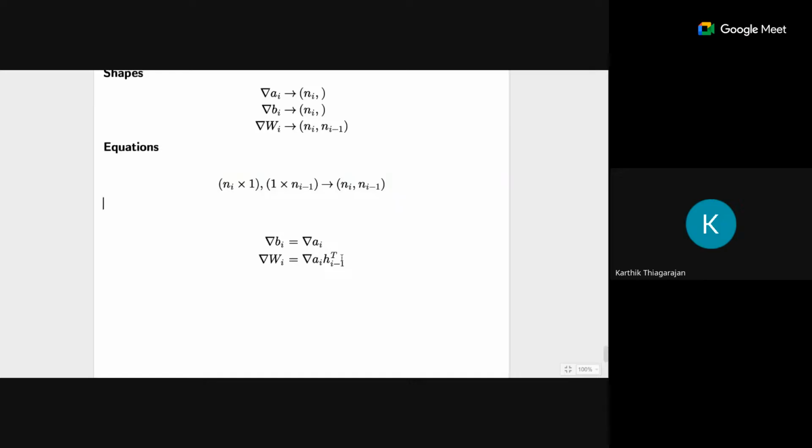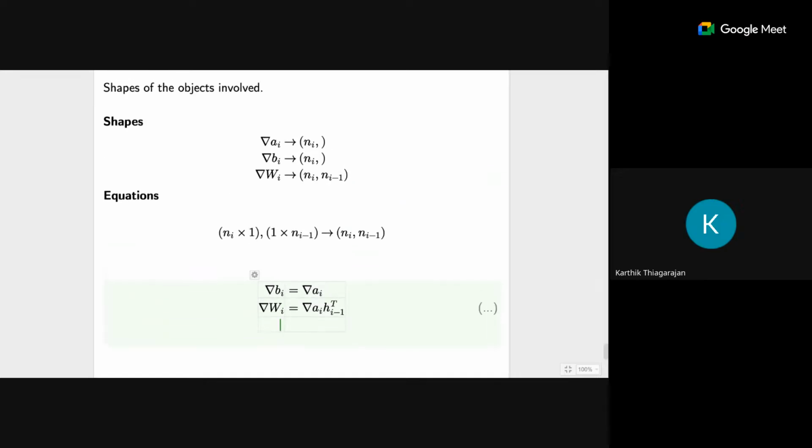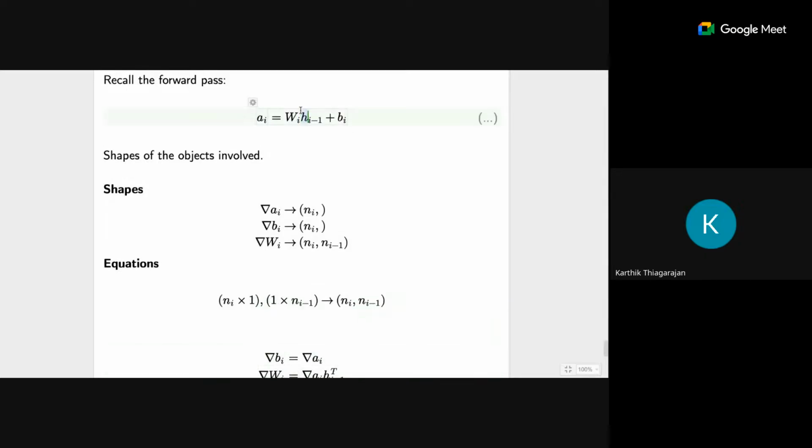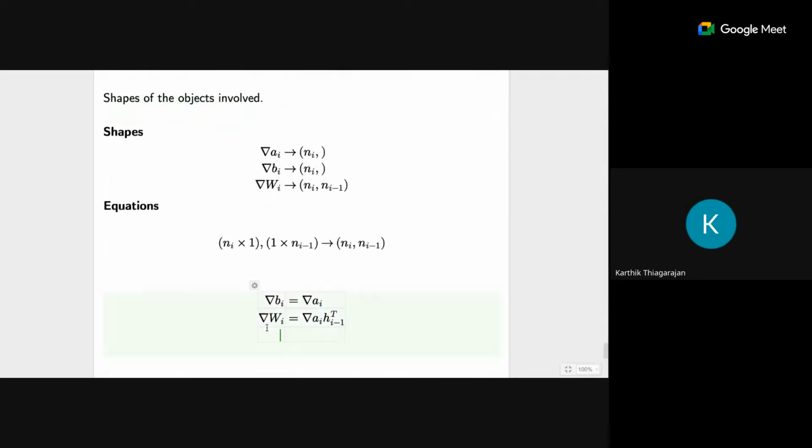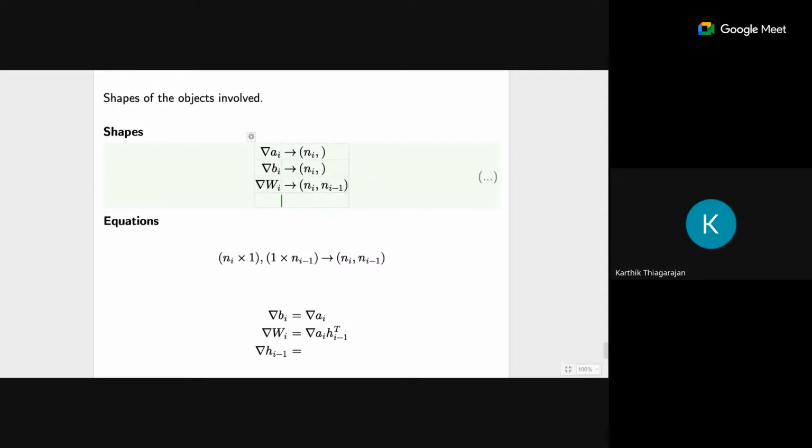Okay, so that is W_i. Using a similar argument, what is remaining? h_{i-1} is there, right? So what is the gradient of h_{i-1}? Again, go back to the shapes here. What do I care about? h_{i-1} is going to be of shape N_{i-1} comma 1.